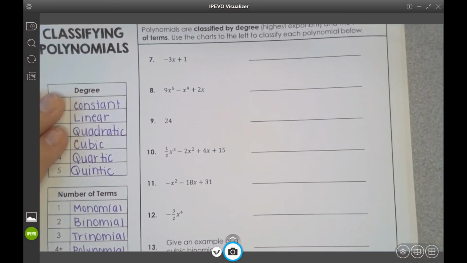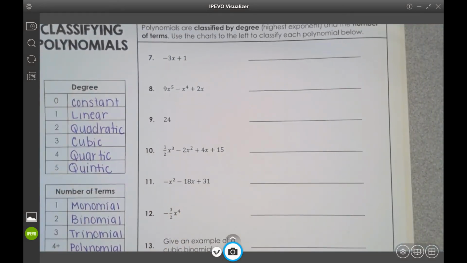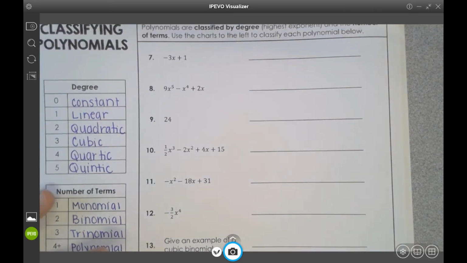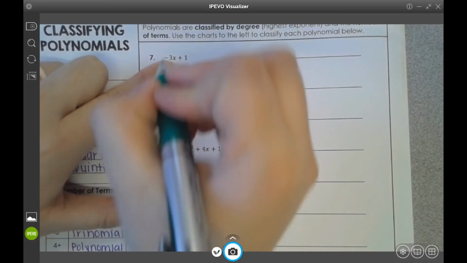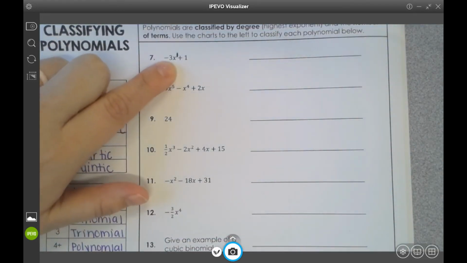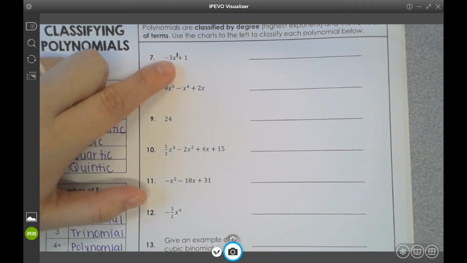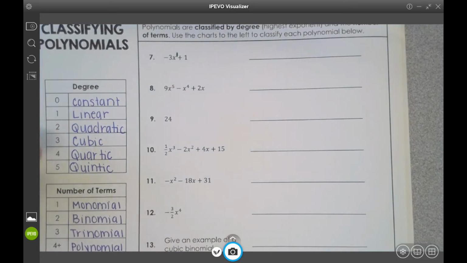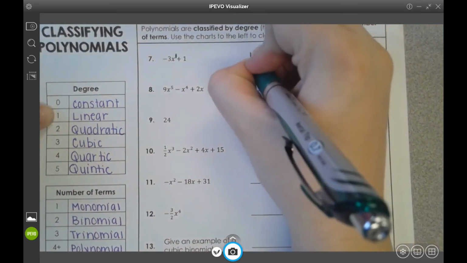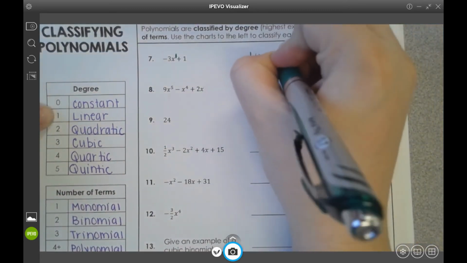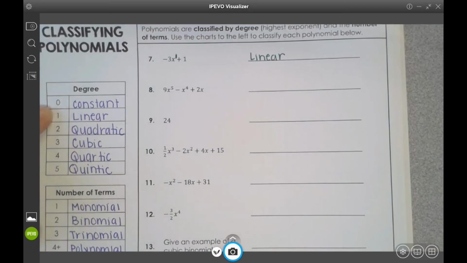All right, so let's go and name these polynomials. So first off, let's look at the degree. Now, if you don't see an exponent with an x, you can assume it's a 1. Do you see any larger exponents than 1? No. So that would be linear, because the biggest exponent is 1.